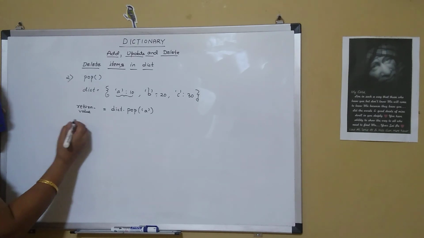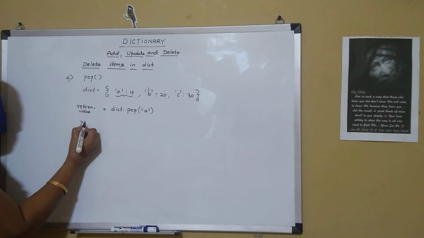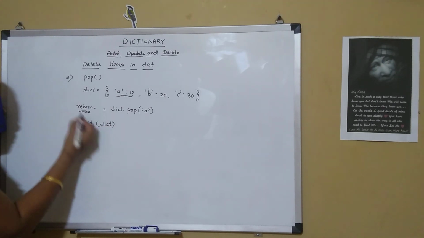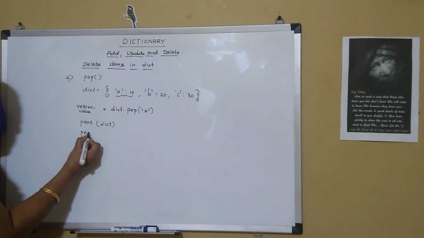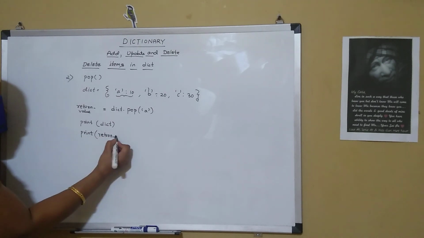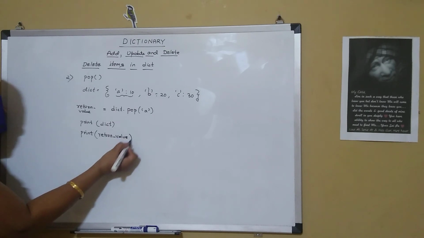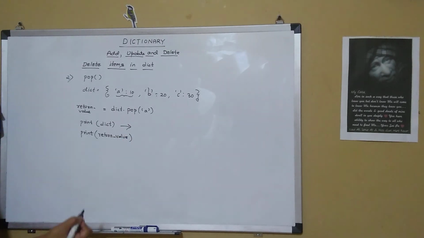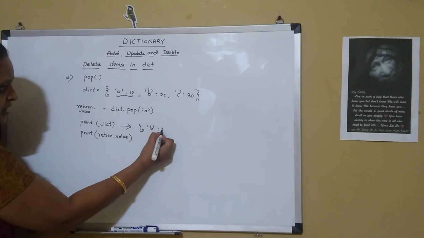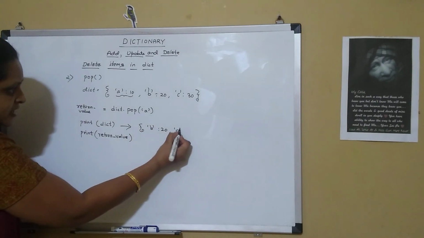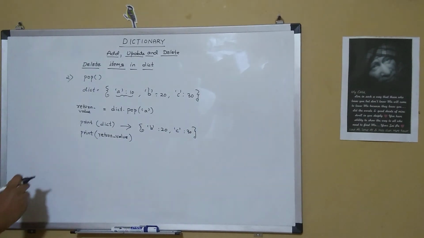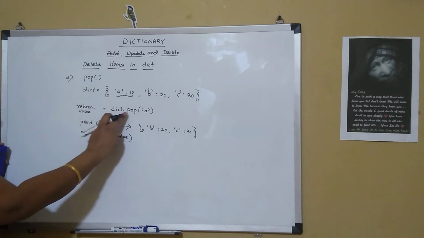Now when I print the dictionary, and also print the return value, the dictionary will print B: 20, C: 30 since A is deleted, and the return value will have the popped out value.